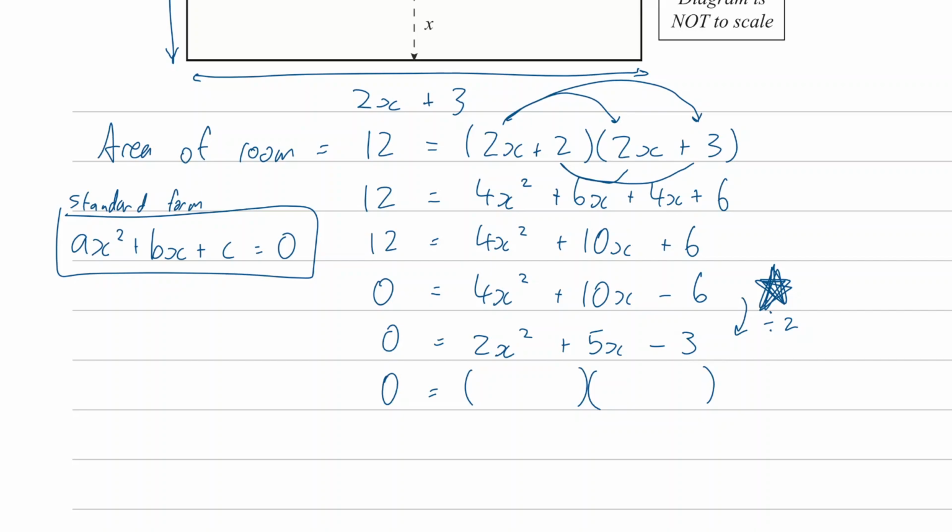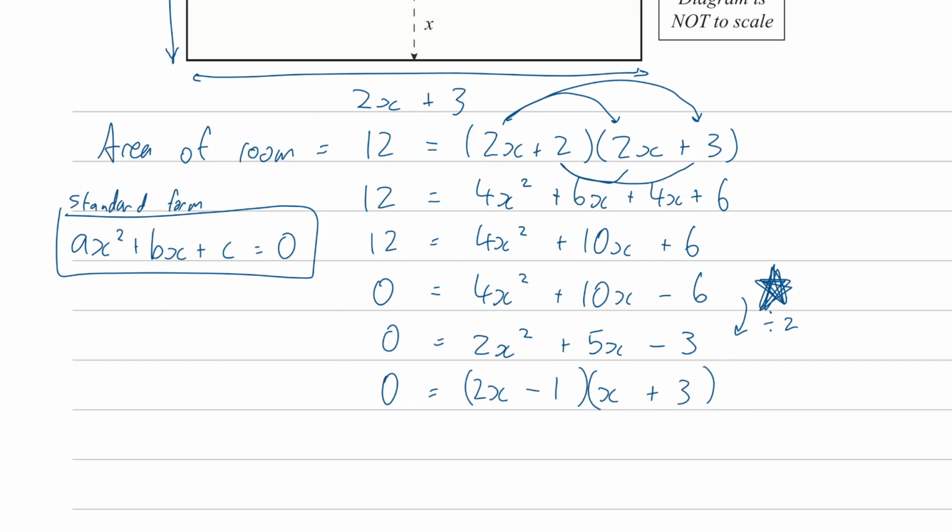Instead of just x and x, we will need a 2x in one of them, because when they multiply out, we need that 2x squared. And now, what do we need? Minus 1 plus 3. So again, we need two numbers, minus 1 and plus 3, that multiply to negative 3.